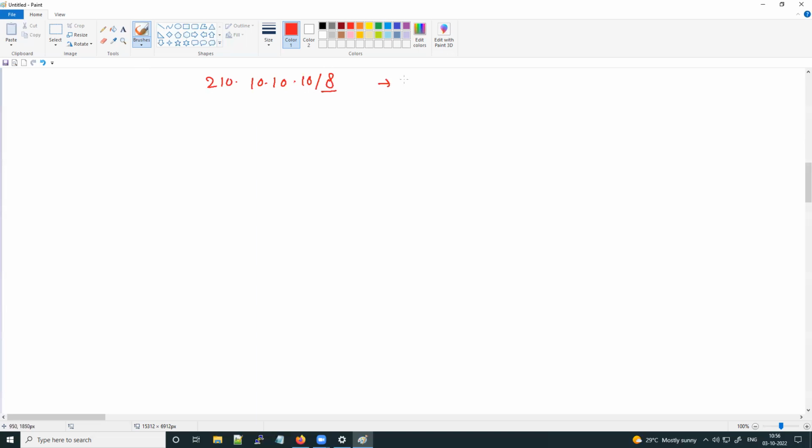This is the decimal representation. I want to write down this IP address in the binary format, so we have to understand the binary conversion, decimal to binary conversion.